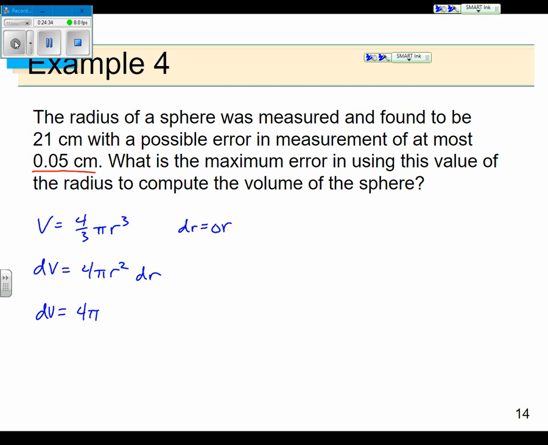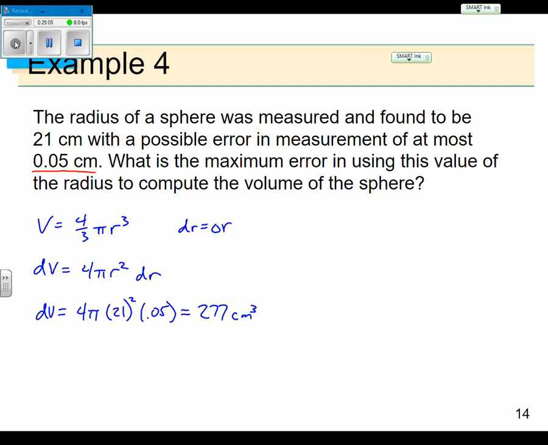My radius was found to be 21, but the error in my radius could have been 0.05 of a centimeter. So that means that my volume could be off by 277 centimeters cubed.